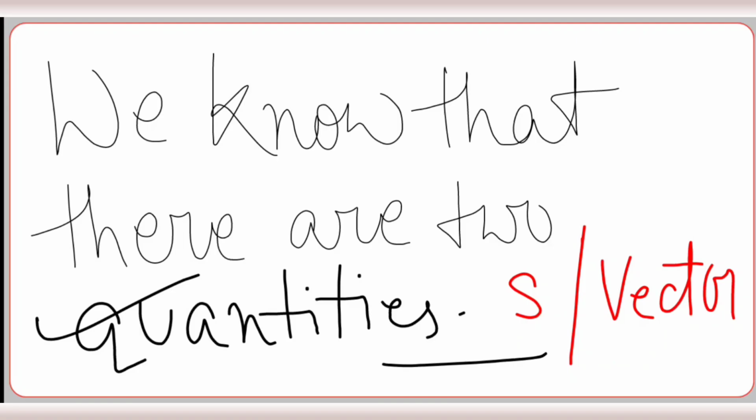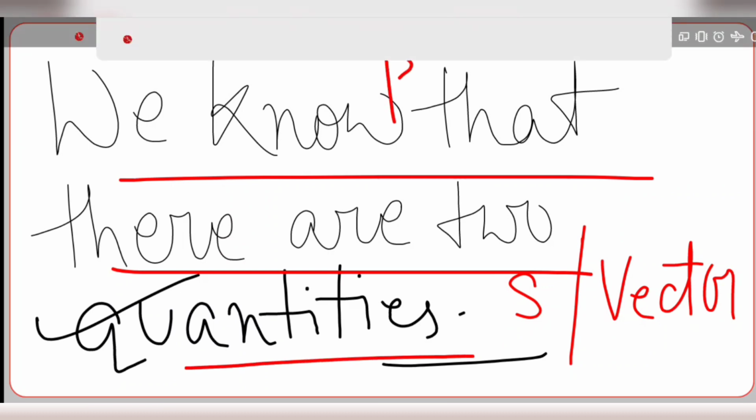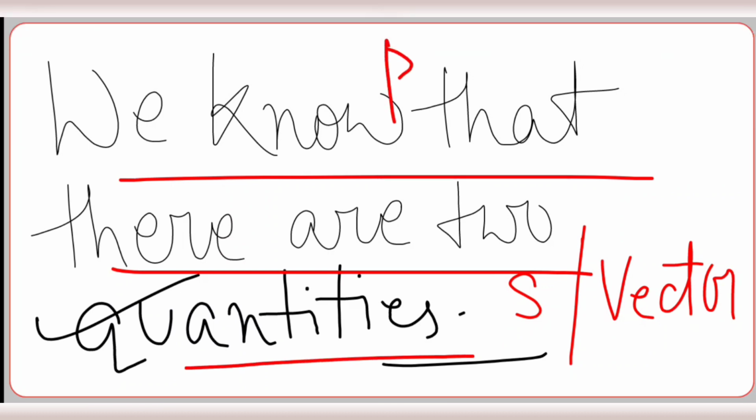So we know that there are two types of physical quantity. It is either a scalar quantity or a vector quantity.